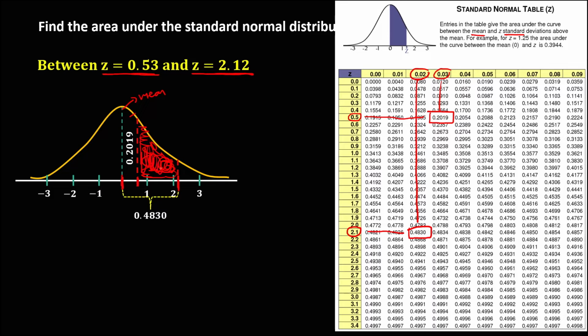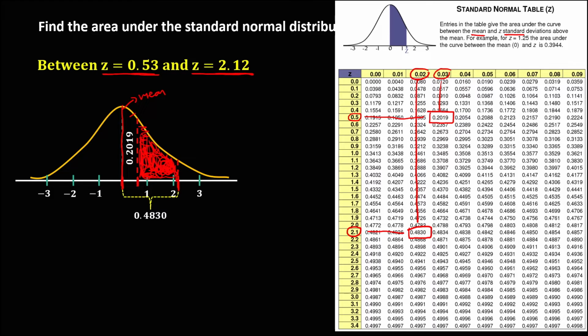Now, take note that we're looking for the area between 0.53 and positive 2.12. So this area, and observe that this area is away from the mean. So this is the mean, but we're looking for this area, away from the mean. So take note, if the unknown area is away from the mean, the operation is minus.